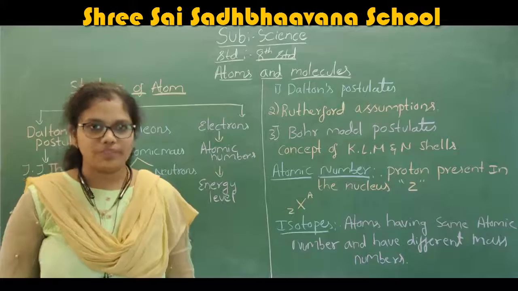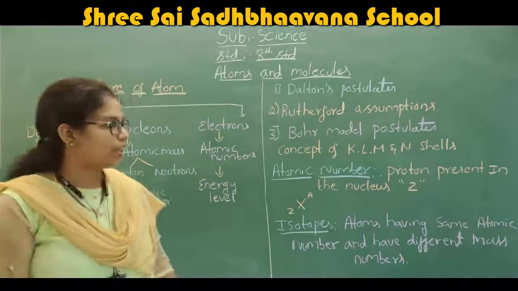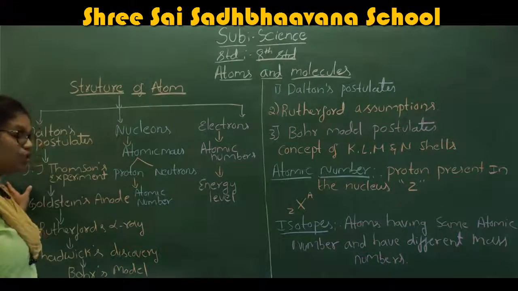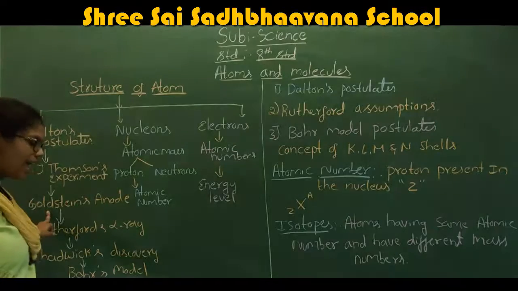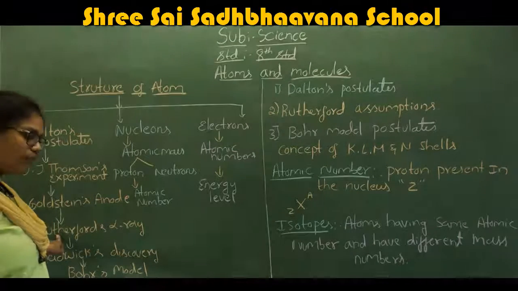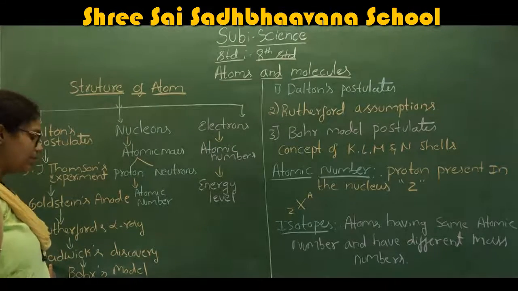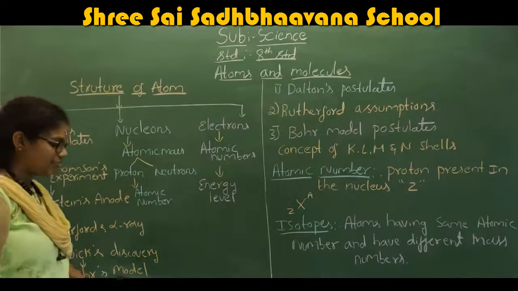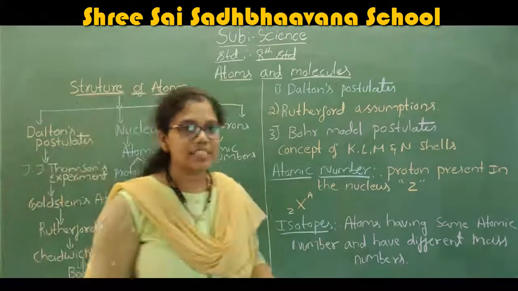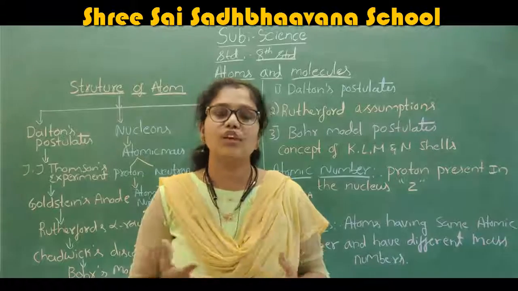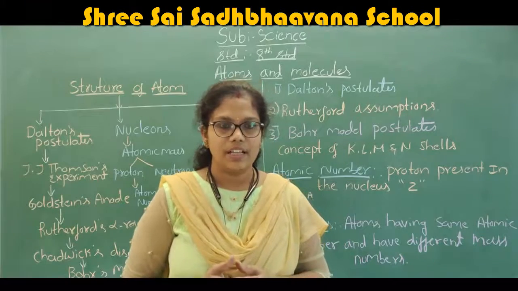Okay, that is the important one. Now we are going to discuss the J.J. Thomson experiment, Goldstein anode experiment, Rutherford alpha ray experiment, and Chadwick experiment. All these 4 experiments I will explain through a visual.